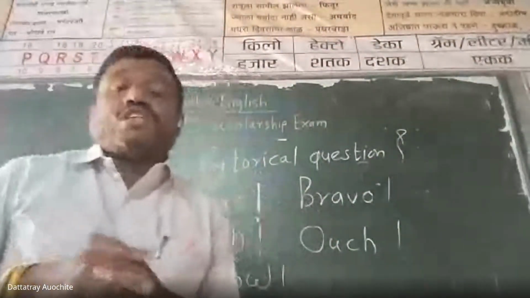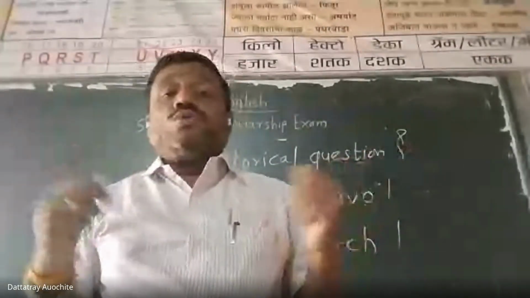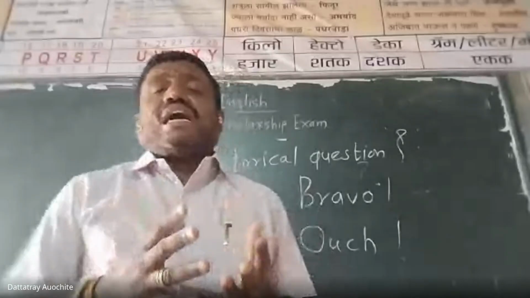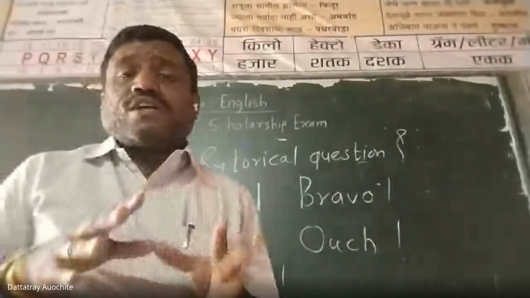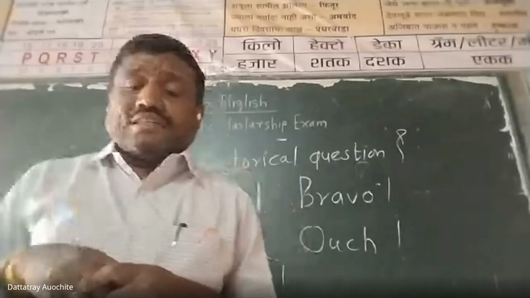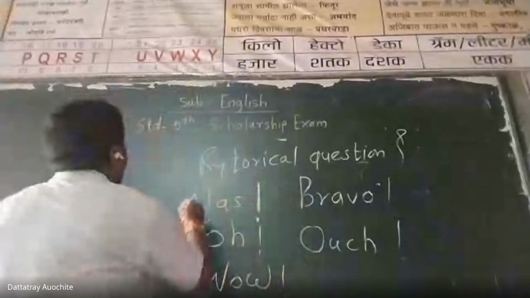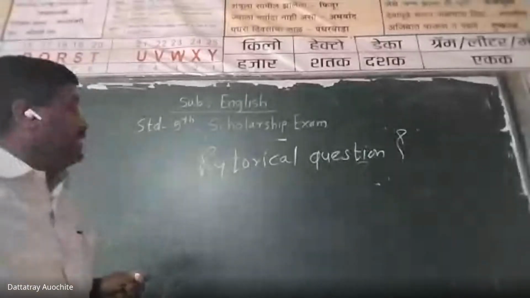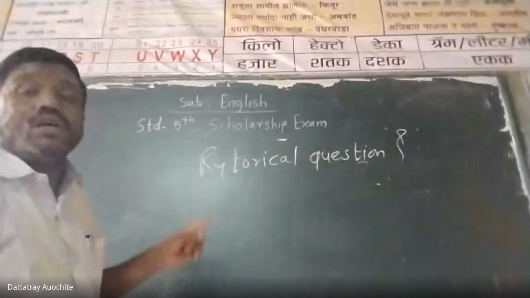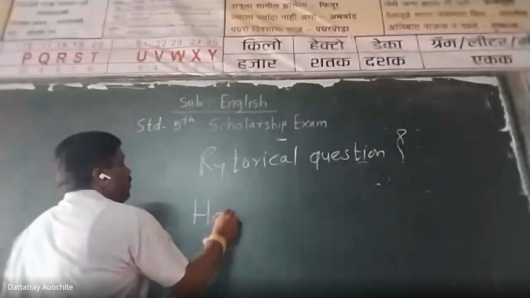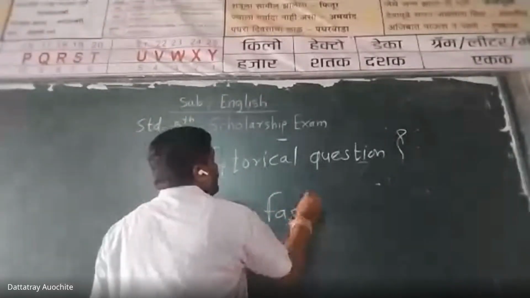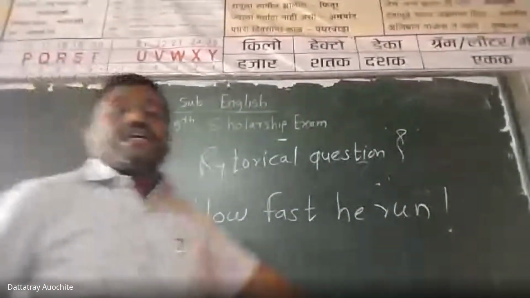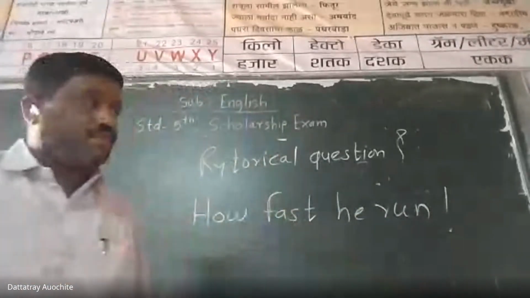There are some exclamatory sentences: How crazy you are! What a brilliant student you are! So what are these? These are exclamatory sentences. After the end of an exclamatory sentence, we should use an exclamation mark. How fast he ran! And here, at the end of the sentence, we use what? Exclamation mark.